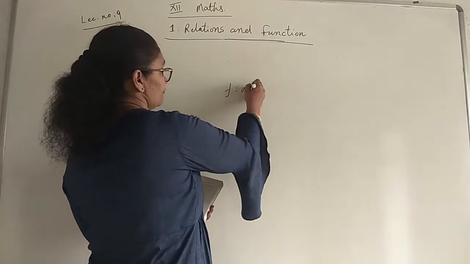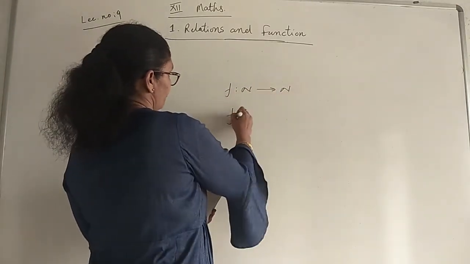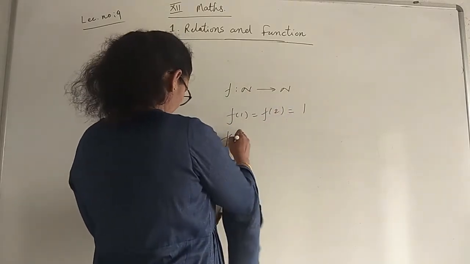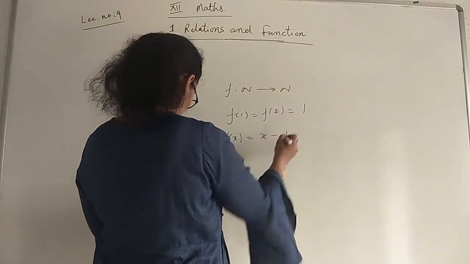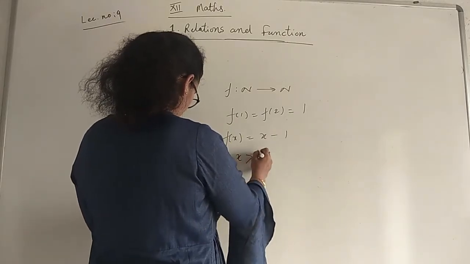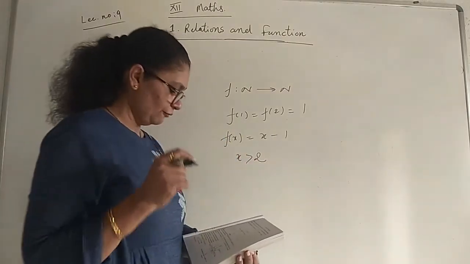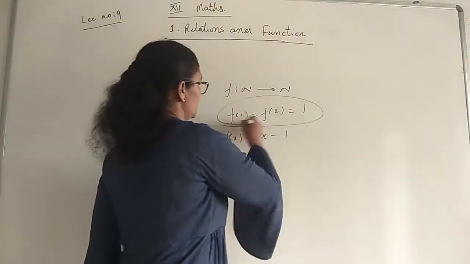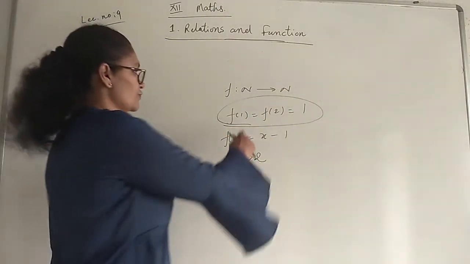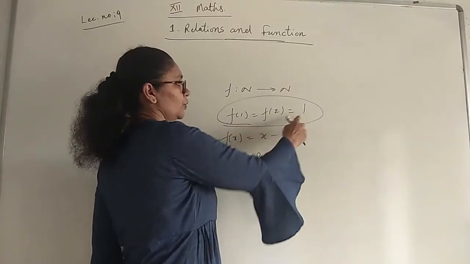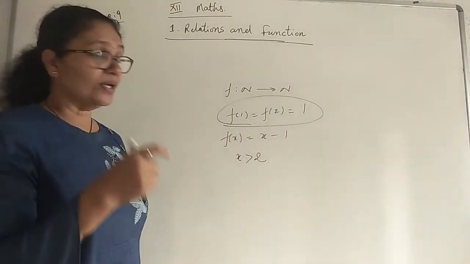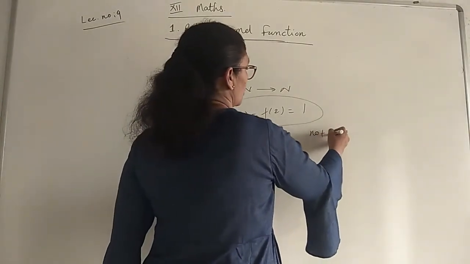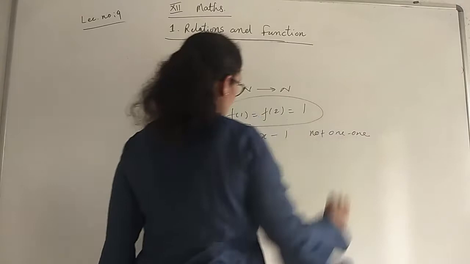That function is mentioned from N to N. f of 1 and f of 2 both are 1 and f(x) equal to x minus 1 for every x more than 2 is onto but not one-one. From the question only you can understand it is not one-one. Why? Because for 1 also the answer is 1, for 2 also the answer is 1. So for 2 different inputs, one answer. So not one-one. First part clear?